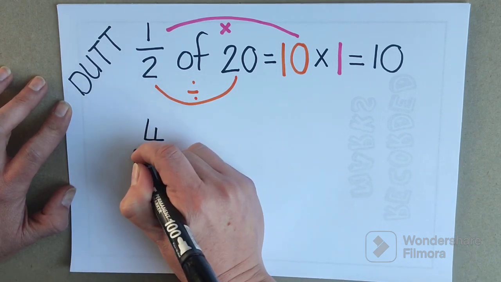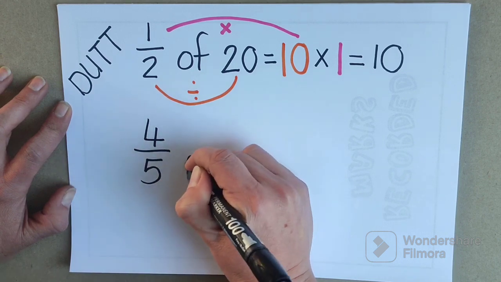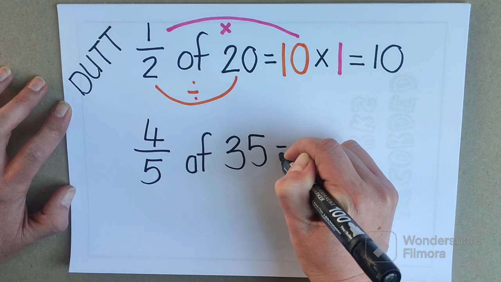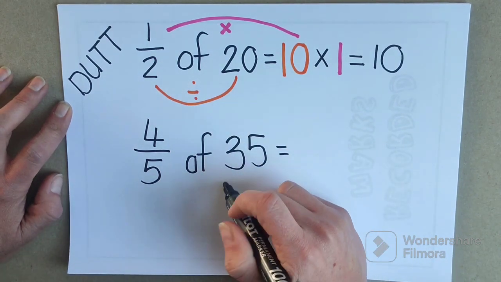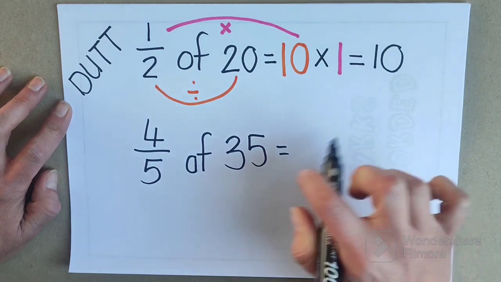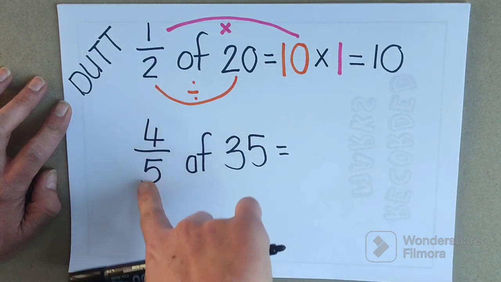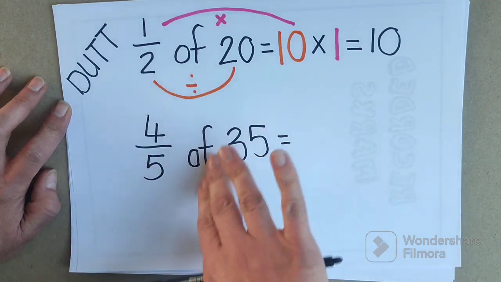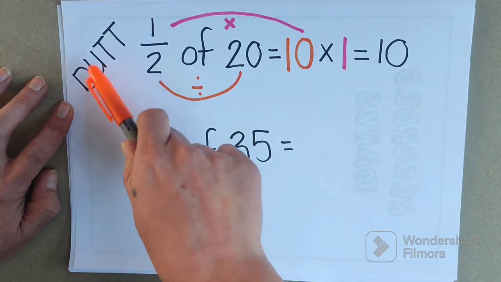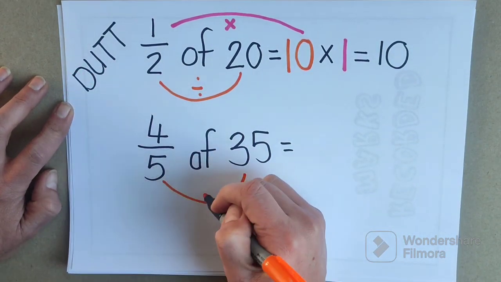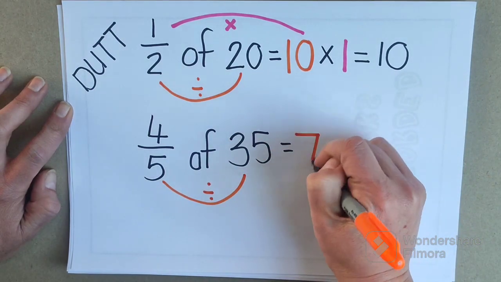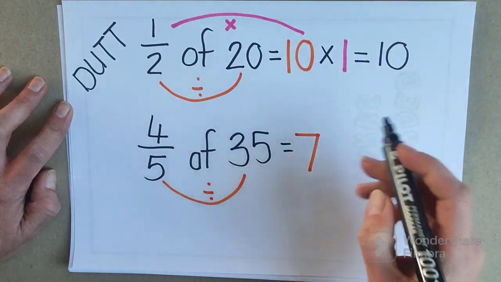So if I say to you now, you have a pizza, again, this is a very big pizza, okay, your pizza has 35 slices, and I say to you, you can eat 4/5 of the pizza, so 4/5 of the 35 pieces in total. So once again, we are divide under. So if I say 35 divided by 5, I get 7, and now I'm going to times it by the top.